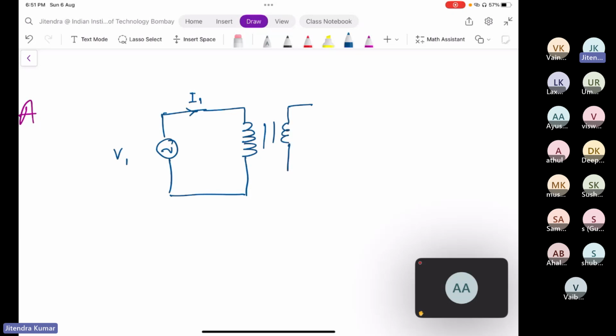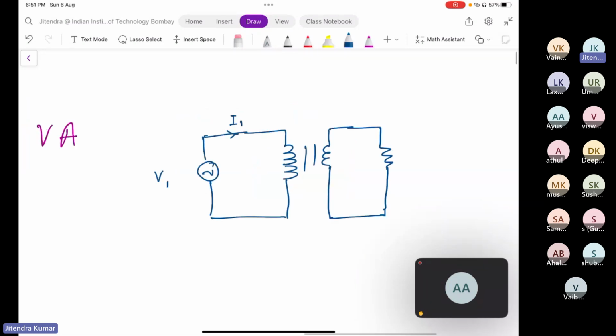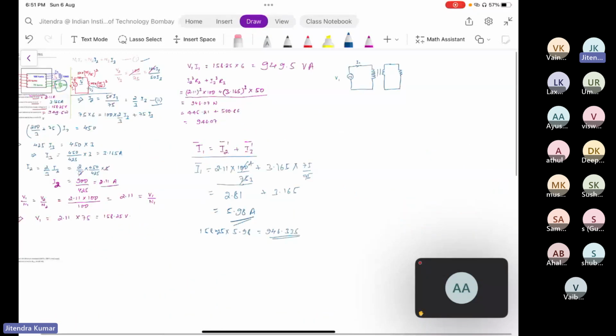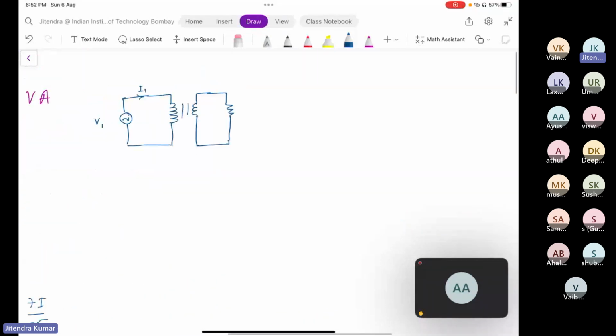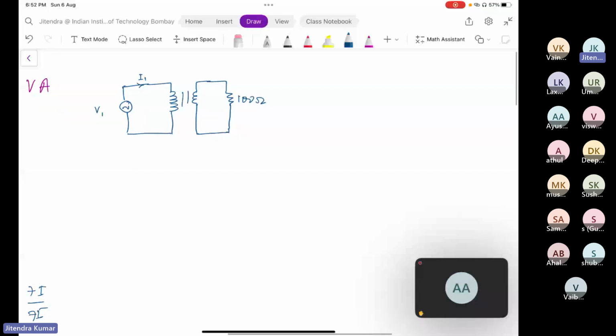Let us suppose this is the secondary winding with the load of, say, 100 ohm, and it is connected to the tertiary winding.